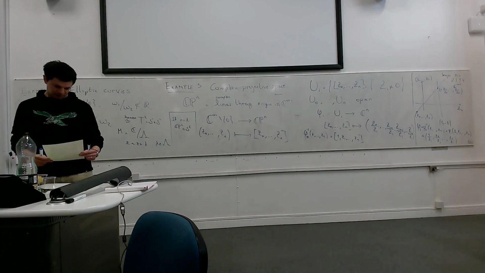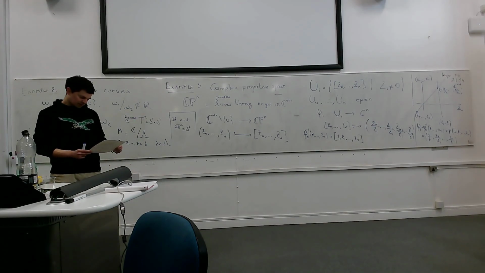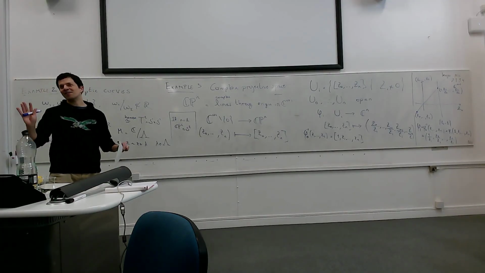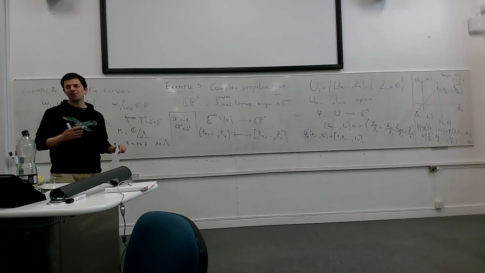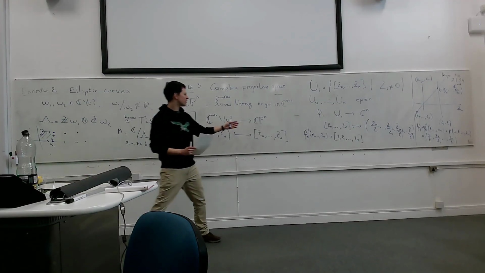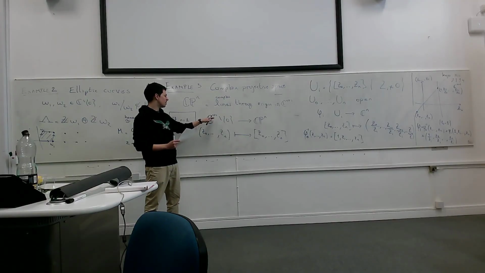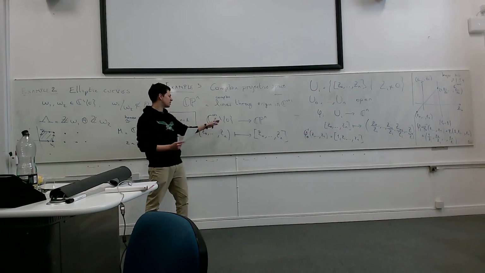Okay. So this example CPN is really very important. Just to motivate you, if you do physics, some people actually use CPN in what's called geometric quantum mechanics. In quantum theory, this thing C^(n+1) is like the Hilbert space, and then there is a space of states.